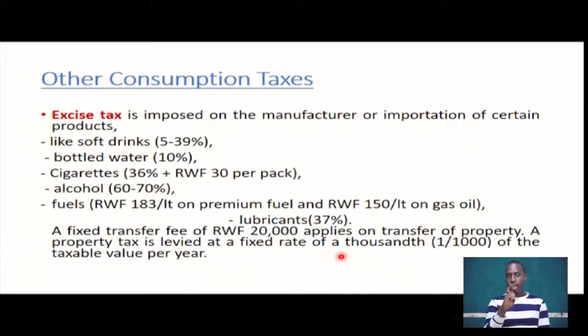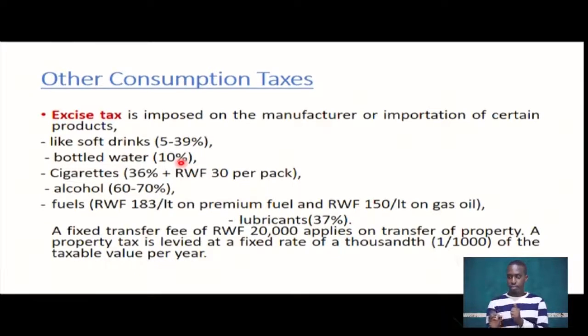But when you go to other consumption taxes, for example excise tax, it is imposed on the manufacture or importation of certain products. For example, soft drinks: the tax rate varies between 5 and 39%. Bottled water, they charge 10%.